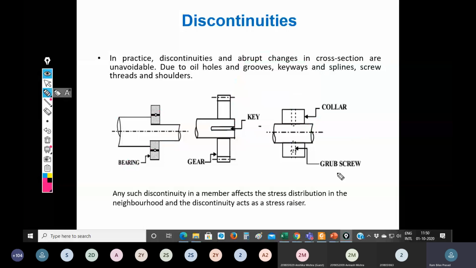And this is a grub screw. Sometimes in order to connect some other part on the shaft, you connect it with the help of a screw, right?